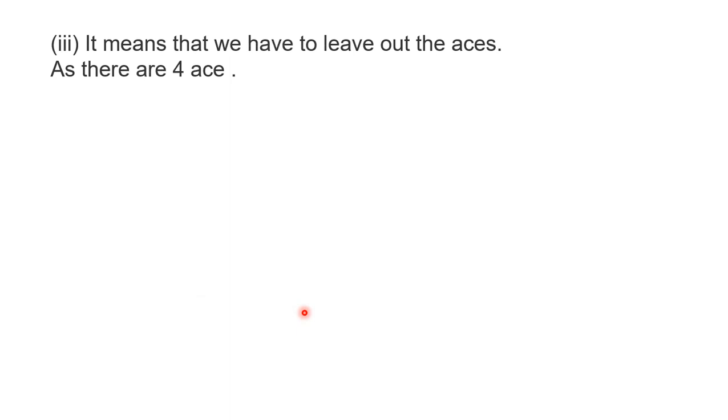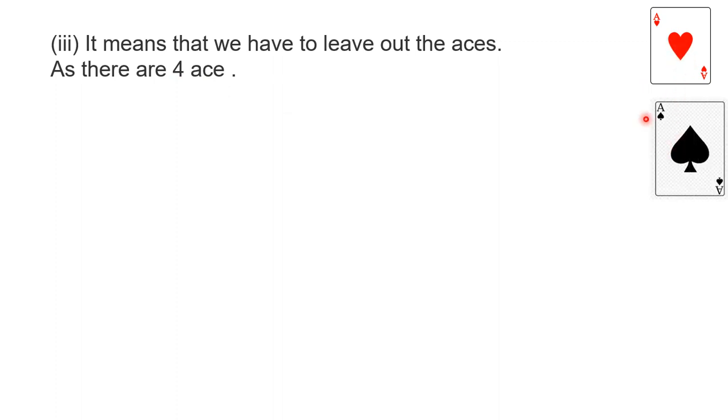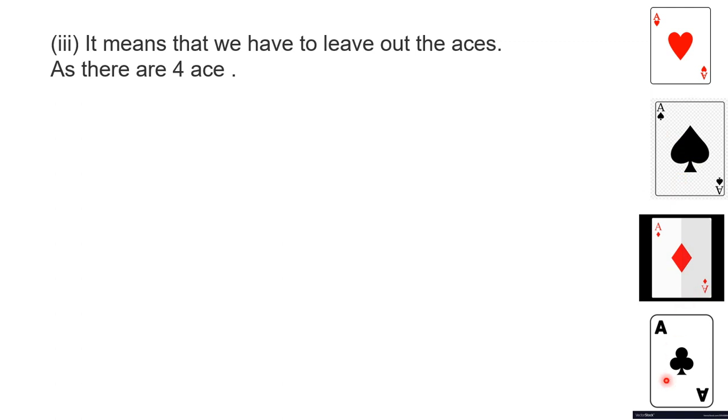In the same way, for question number 3, we have to find the probability of drawing a card other than an ace. Aces are the cards with the letter A written on them: the ace of heart, spade, diamond and club.